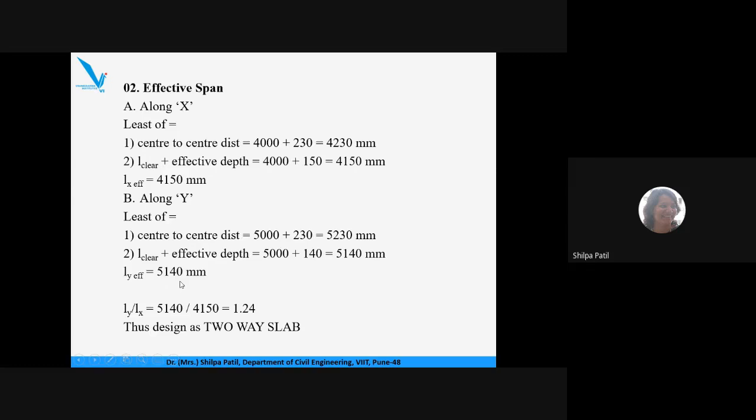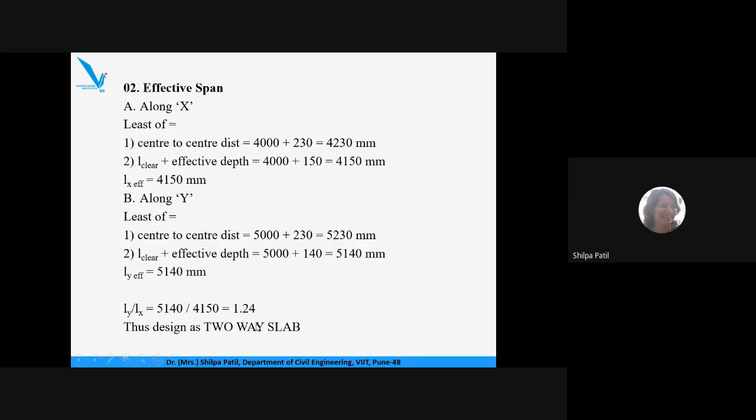Now, after calculating the effective span, the ratio of Ly by Lx is checked here, which is coming as 1.24. So the slab is to be designed as a two-way slab. We already know initially that we need to design this slab as a two-way slab, so there is no need to show this step again.